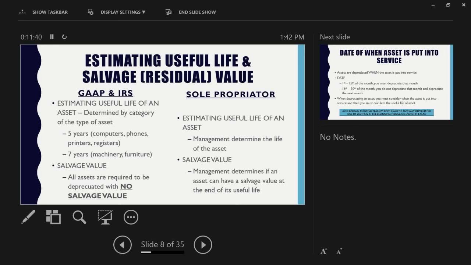You know how Kelley Blue Book is for vehicles? Same thing. GAAP has a book for all of the assets that you can list out there, and they have a pre-existing or determined useful life. Basically, this is like an average that people suggest usually happens. So for most things, the numbers that you're going to remember are going to be 5 and 7.